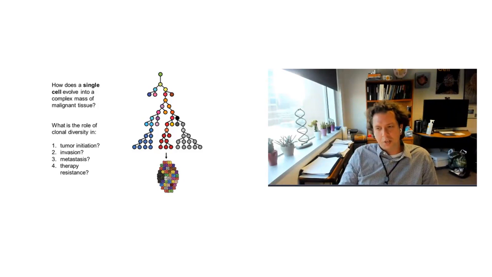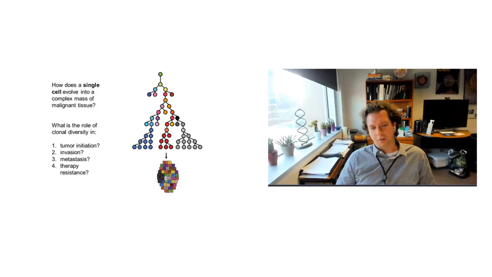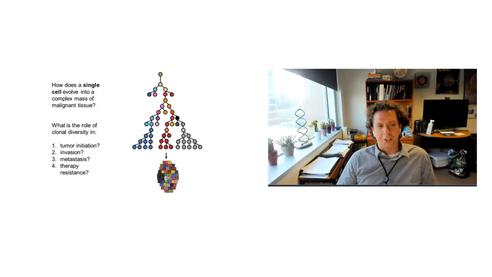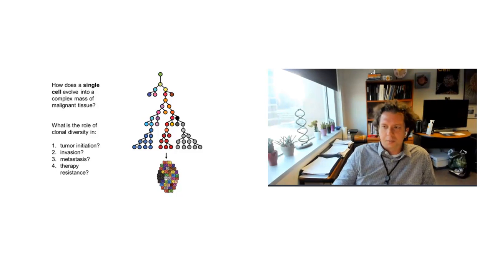And a major question that we've been interested in is whether this genetic diversity is just stochastic, or alternatively, whether it might play an important role in different biological processes in the tumor, such as initiation and invasion in premalignancies, metastatic dissemination, or therapeutic resistance.